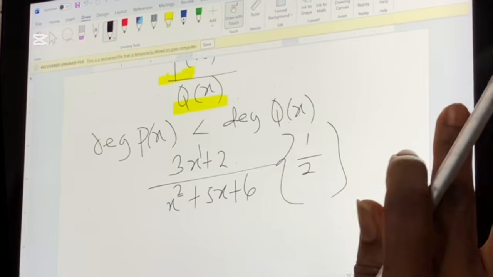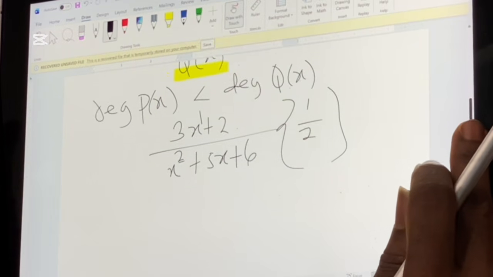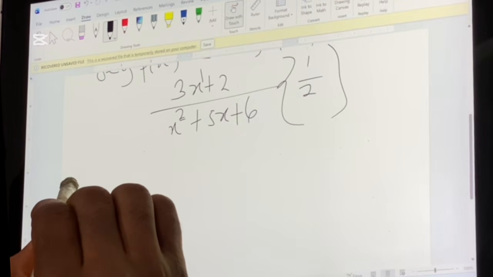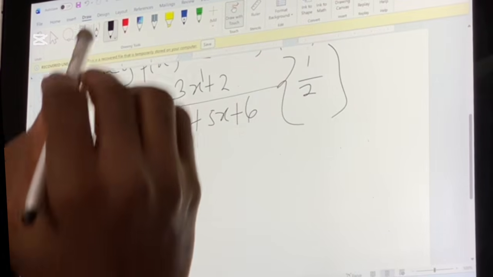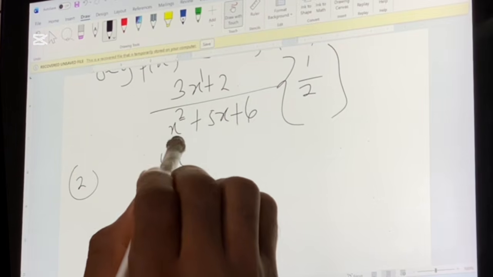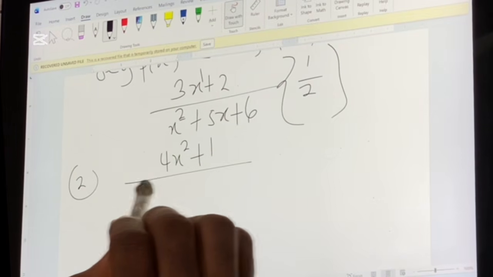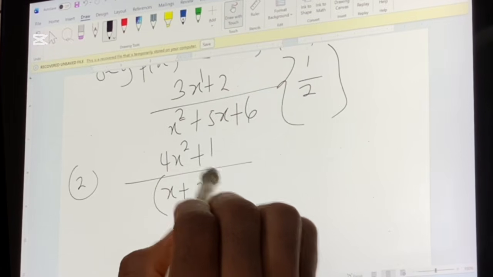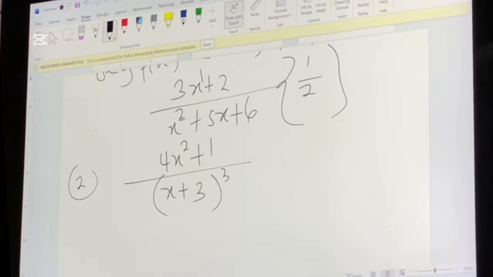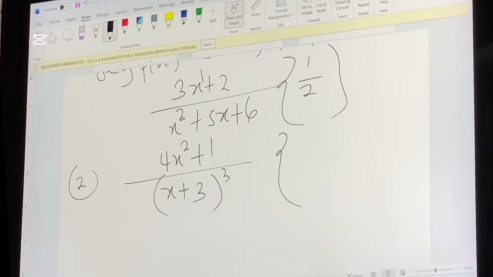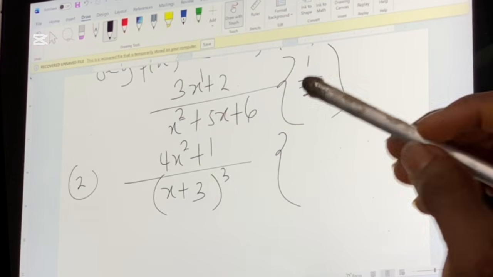Okay. Now let's consider the next one again here. If I have a fraction like this, equation 2 here, 4s squared plus 1 over s plus 3 raised to the power of 3. Now at this point, let's identify the highest power of s at numerator.